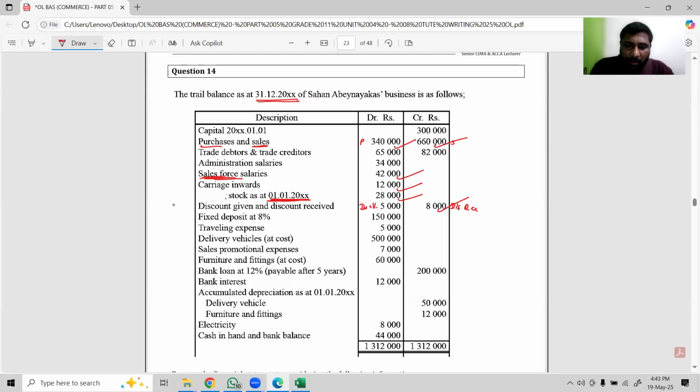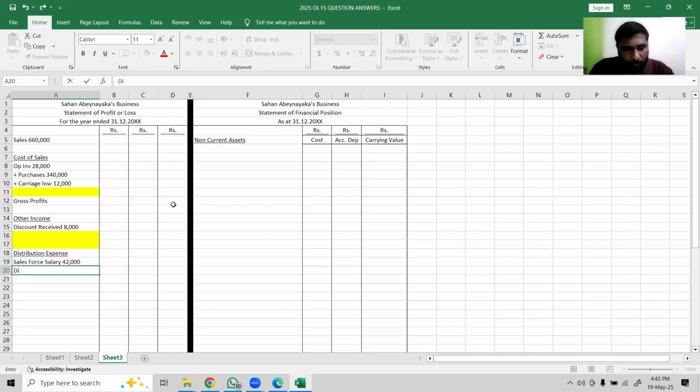Then discount allowed 5,000. Discount allowed or given, both are same.